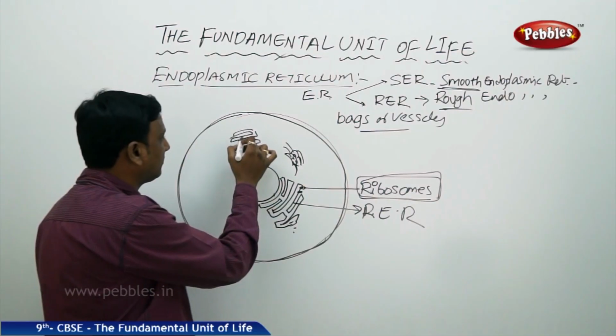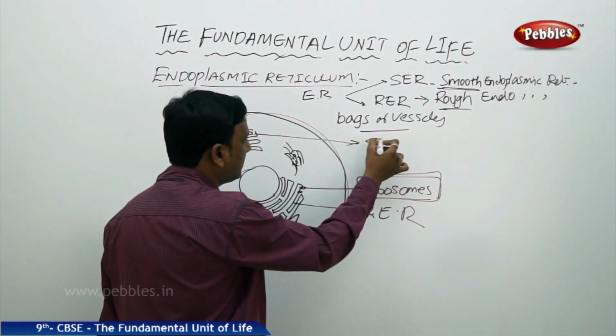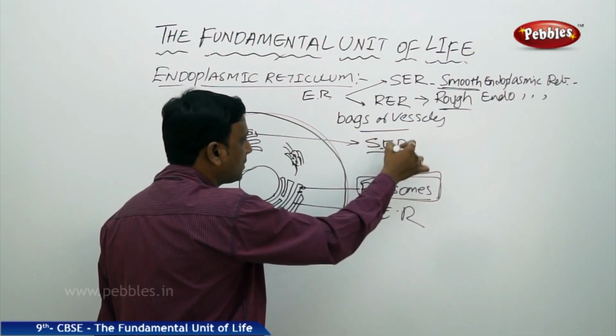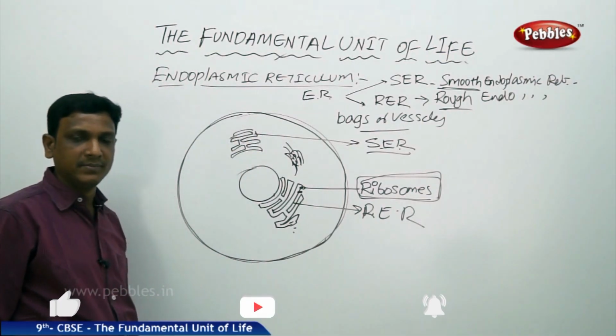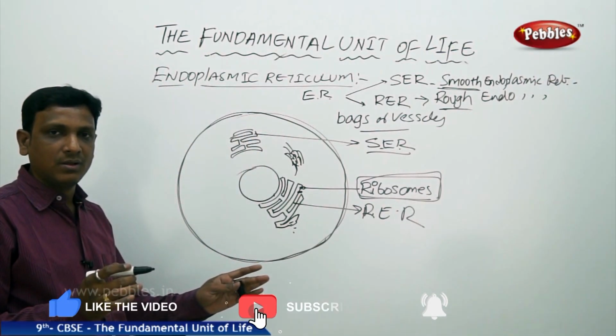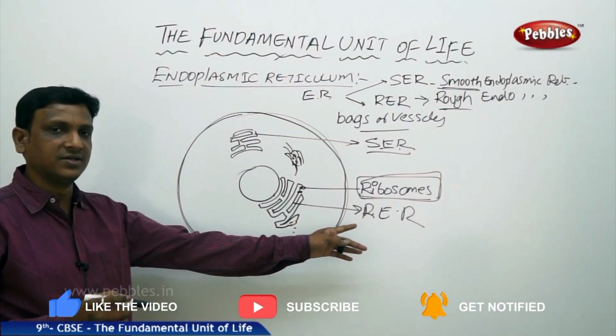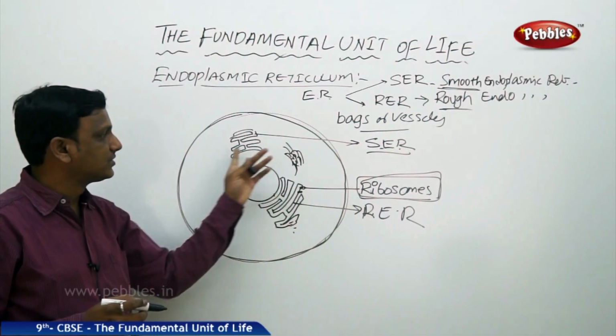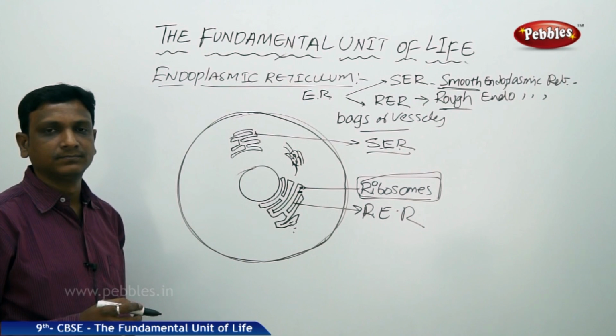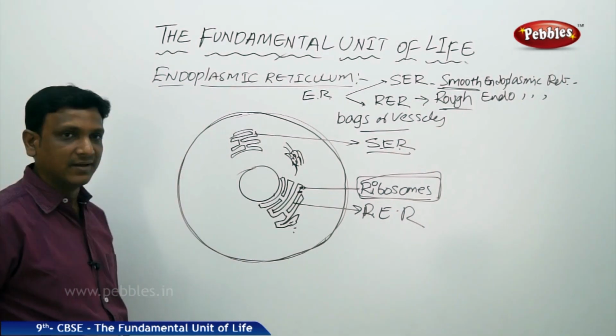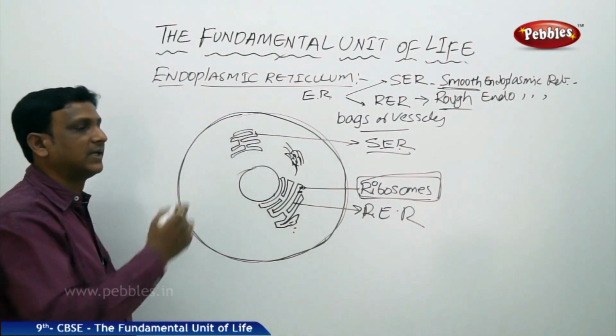If the endoplasmic reticulum does not contain any ribosomes, it is called smooth endoplasmic reticulum. Means the endoplasmic reticulum with ribosomes is rough, without ribosomes is smooth. So structurally they vary. Of course, everything is called endoplasmic reticulum.